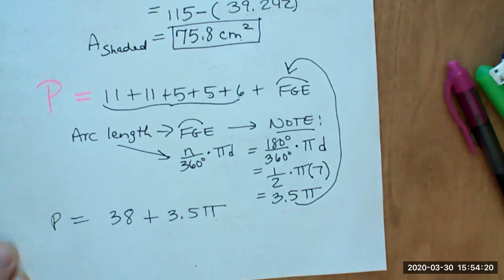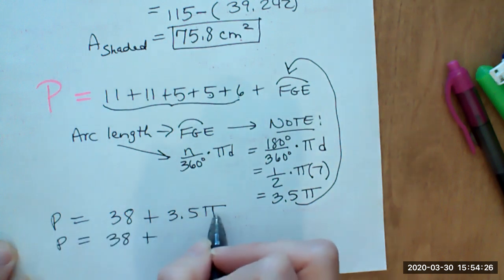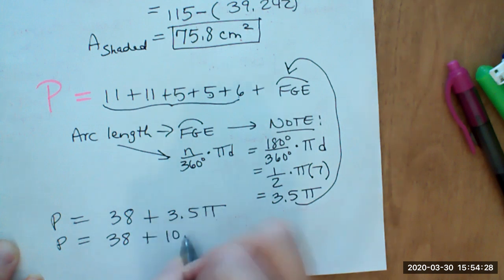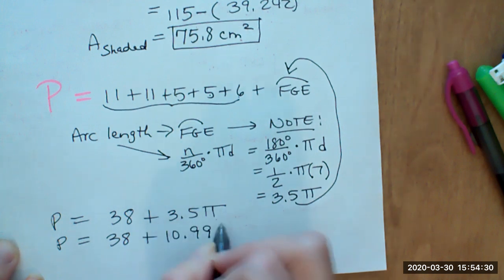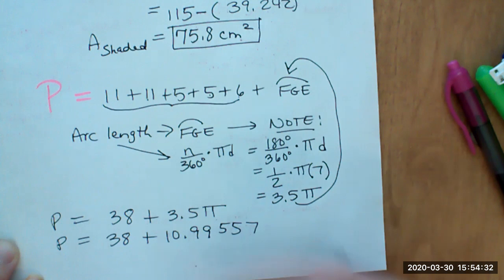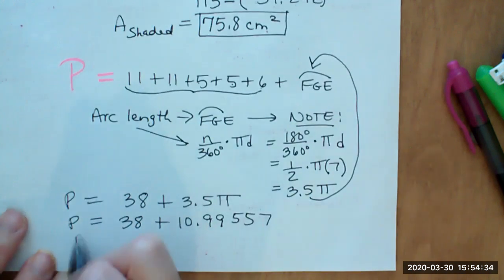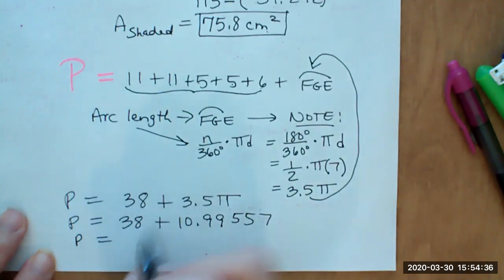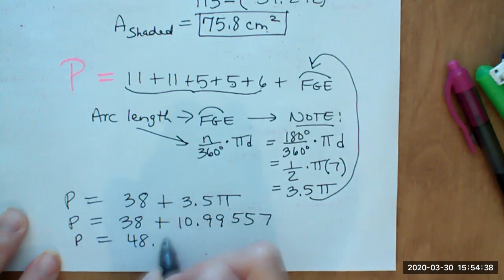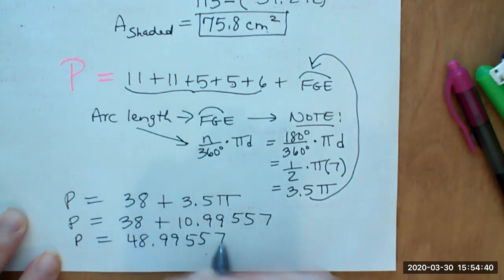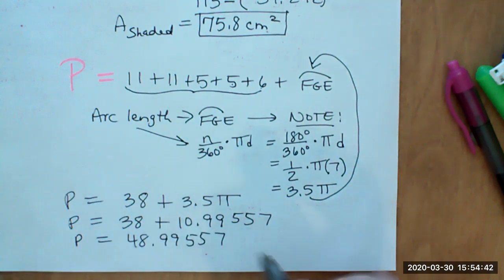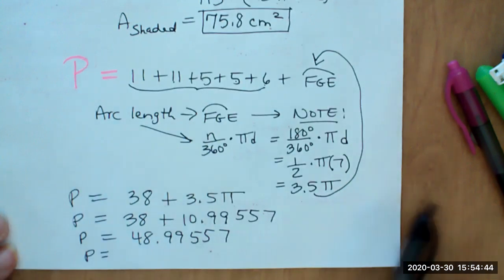I'm not going to leave this in terms of pi. So I have 38, and if you work this out on your calculator, you'll get 10.99557 and so on. And if I add that together, I'll get 48.99557. But I want to round this to the nearest tenth.